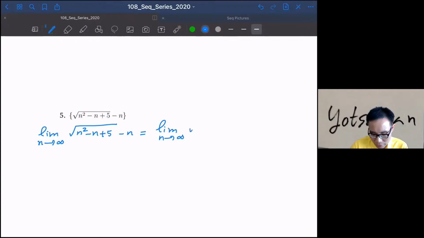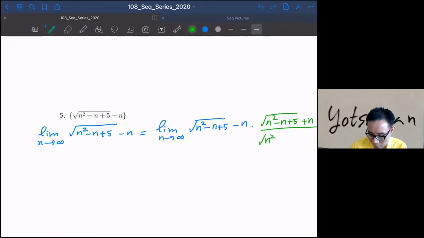The way to simplify is like last semester. You're going to multiply the top and the bottom by the opposite side, so it's the square root of n squared minus n plus 5, plus n.